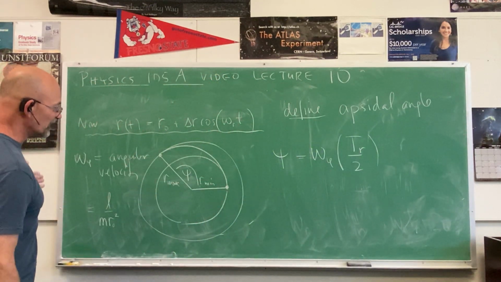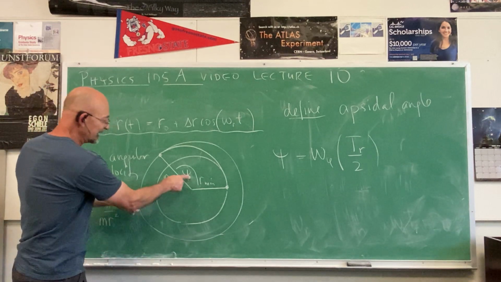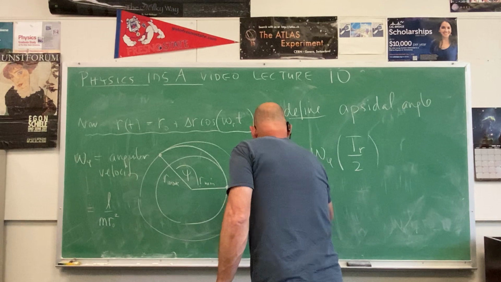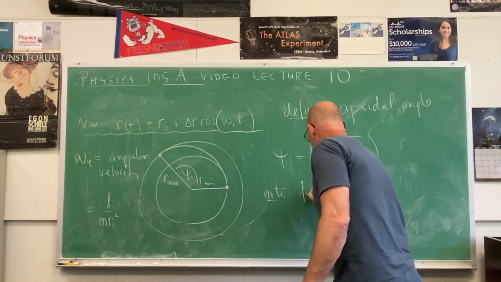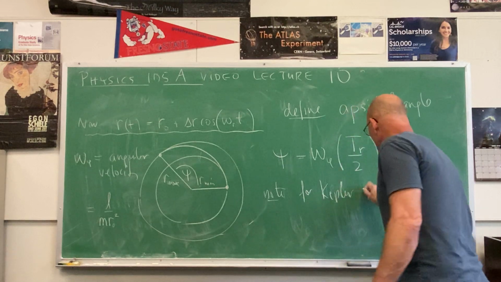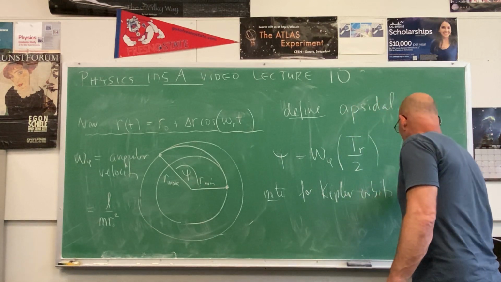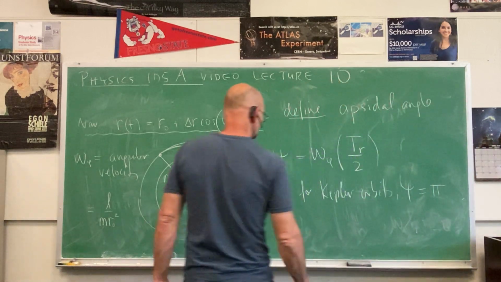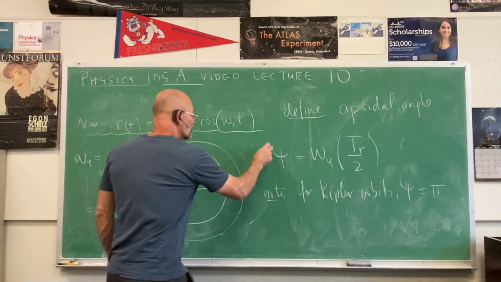What would it be for the Kepler problem? Closed orbits, it would be equal to pi. So let's just put that in the notes for orientation. For Kepler orbits, I'll call them the Kepler orbits, C is equal to pi. But this is the thing we're going to work with now.